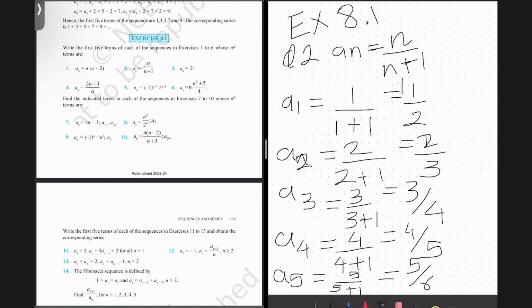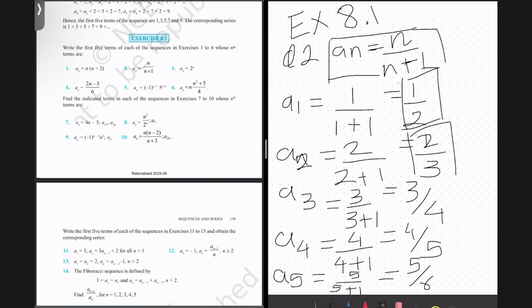So 1 by 2, then 2 by 3, then 3 by 4, 4 by 5, and 5 by 6. These are the 5 terms that I get when I solve for the rule an equal to n upon n plus 1. And these 5 terms will be the part of the sequence described by this rule.